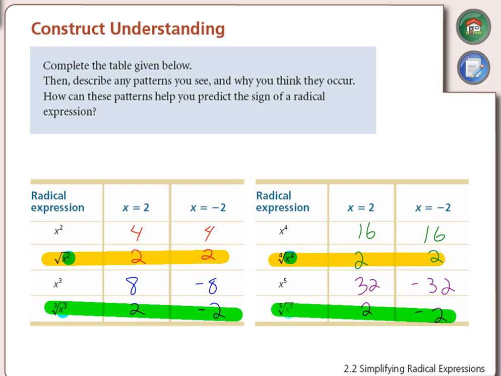Whole moral of the story, this is what we got to remember out of here. If we're taking an even root, it's got to be a positive inside. If we're taking an odd root, it could be positive or negative inside.